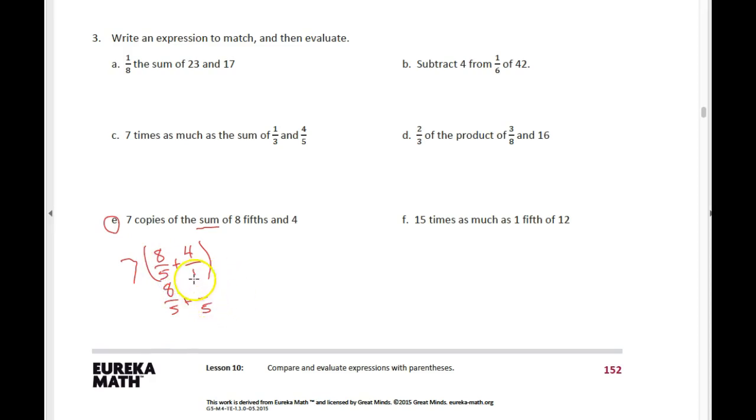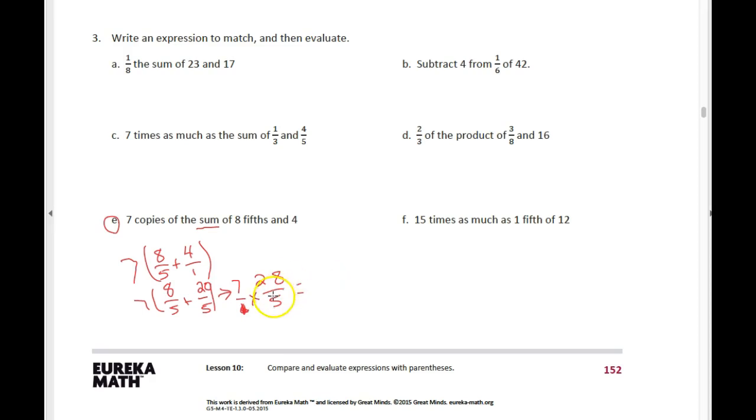That one's not changing. 1 times 5 is 5. 4 times 5 is 20. So this is going to become, and don't forget your 7 over here, 28/5. What are we multiplying by? Times 7. That's a 1, right? Okay.